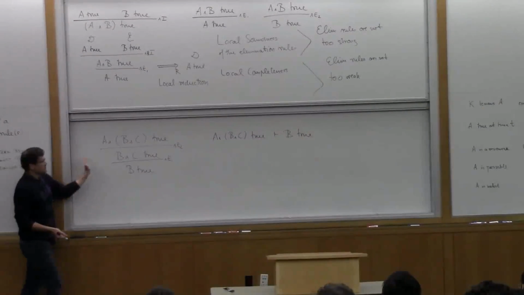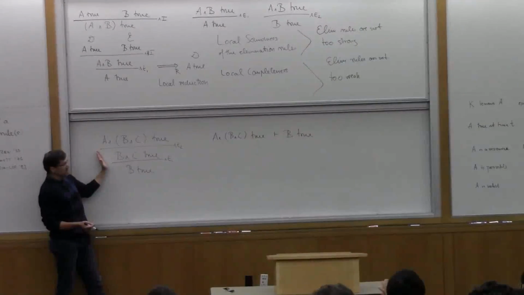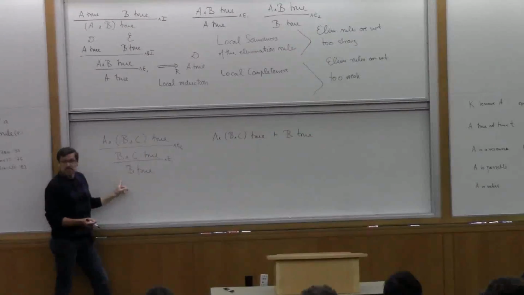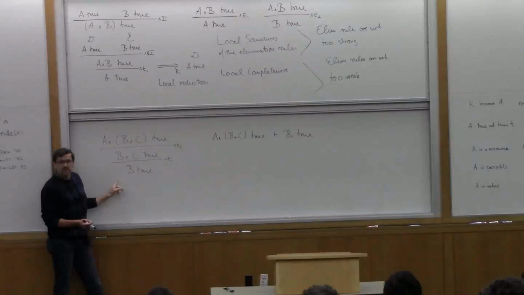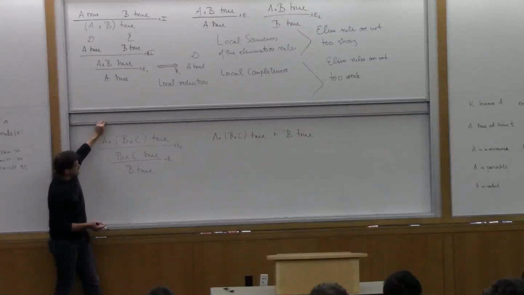These two things almost express the same thing, except that here I've given you a proof, and here I've only written down the judgment that's established by this little proof. So with that in mind, let's go back now here.